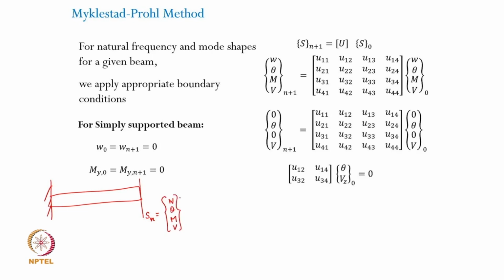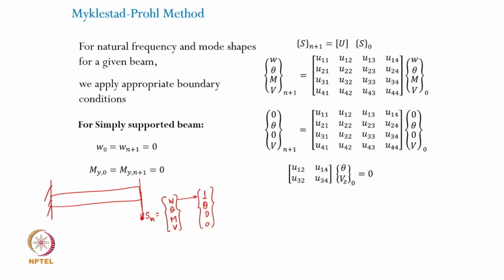and I can now simply state that the deflection at the free end is equal to 1 unit. I do not know what the theta value is, and m and v are anyway zeros. So starting with this particular state vector, I can keep going backwards exactly the way we have done for the Holzer method. You assume that the deflection at the free end is equal to 1 unit.